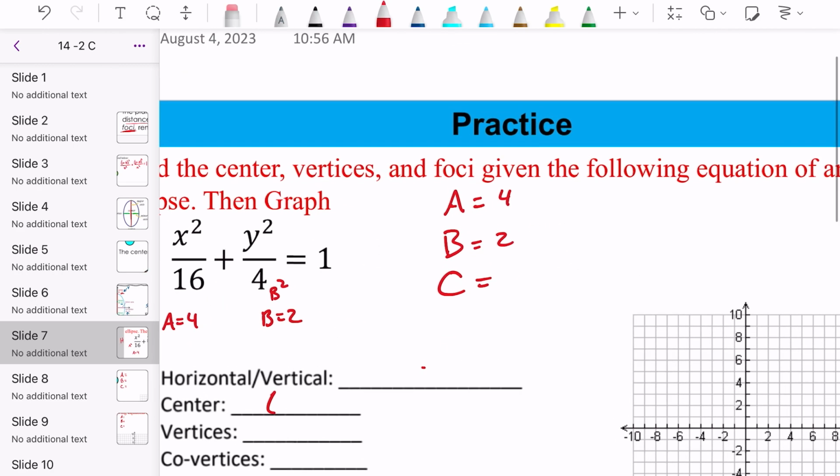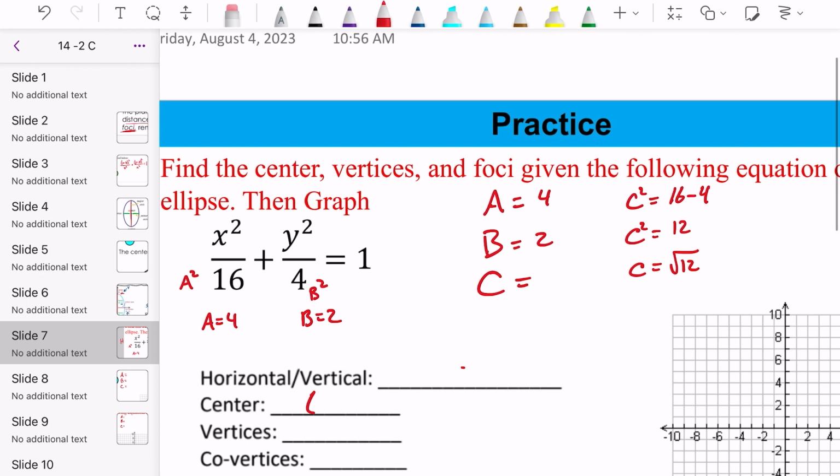Your foci would be c squared is equal to 16 minus 4. C squared is equal to 12. C is equal to the square root of 12. Now we would go ahead and start plugging in what we know. We know this is going to be a horizontal ellipse.